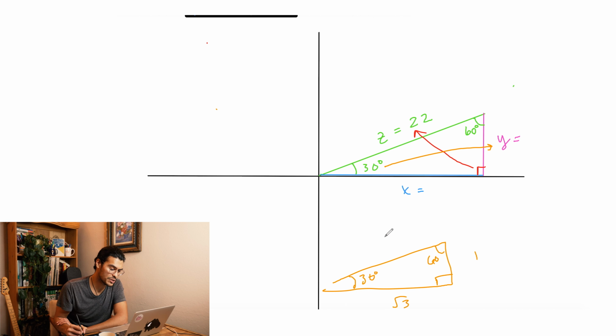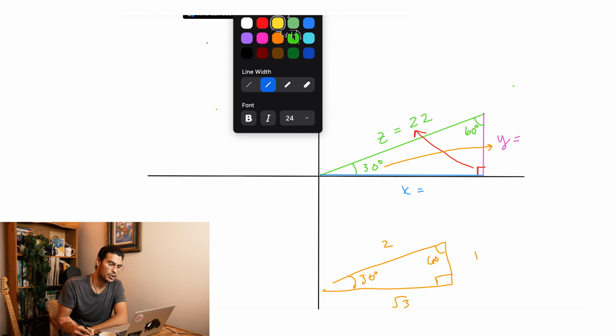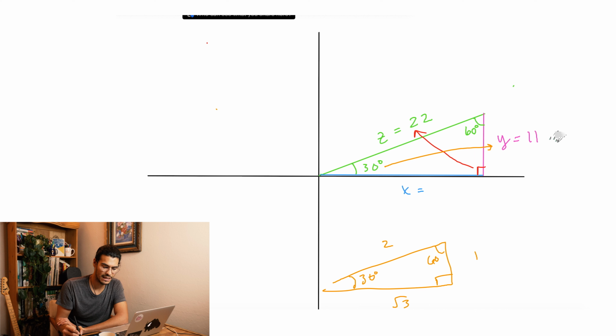I know this is 1, this is root 3, this is 2. If I'm given that my hypotenuse is 22, I know that's twice the shortest side. So if 22 is twice something, that something is 11. So the shortest side is 11.